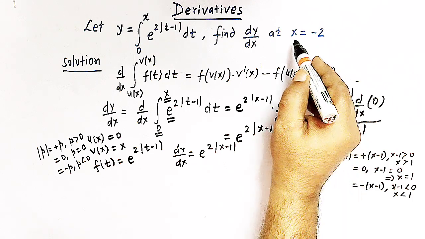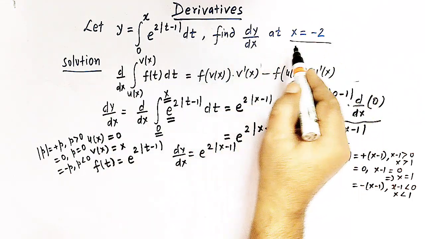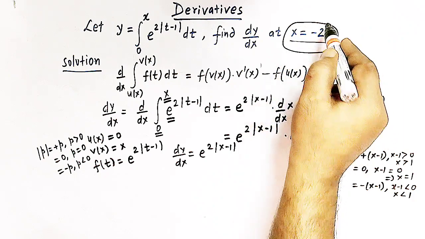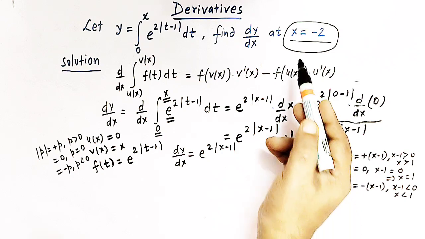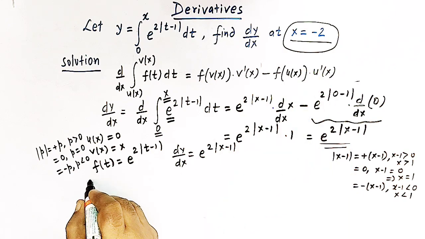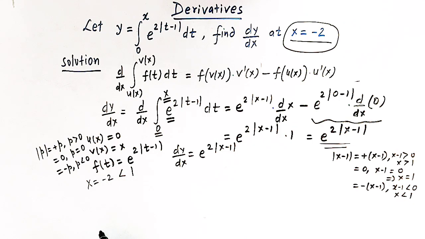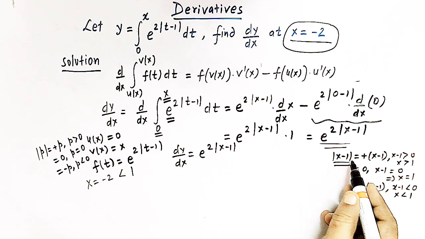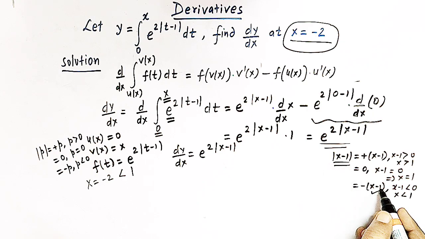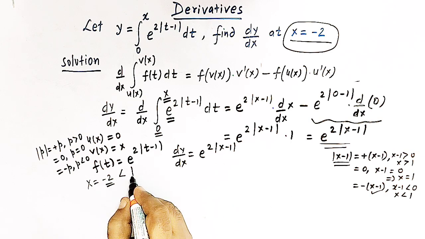Now we have to find the derivative of y with respect to x at x is equal to minus 2. This point x is equal to minus 2 is less than 1, so we have to make use of this definition of mod of x minus 1: it is the negative of x minus 1 when x is less than 1, and minus 2 is less than 1.